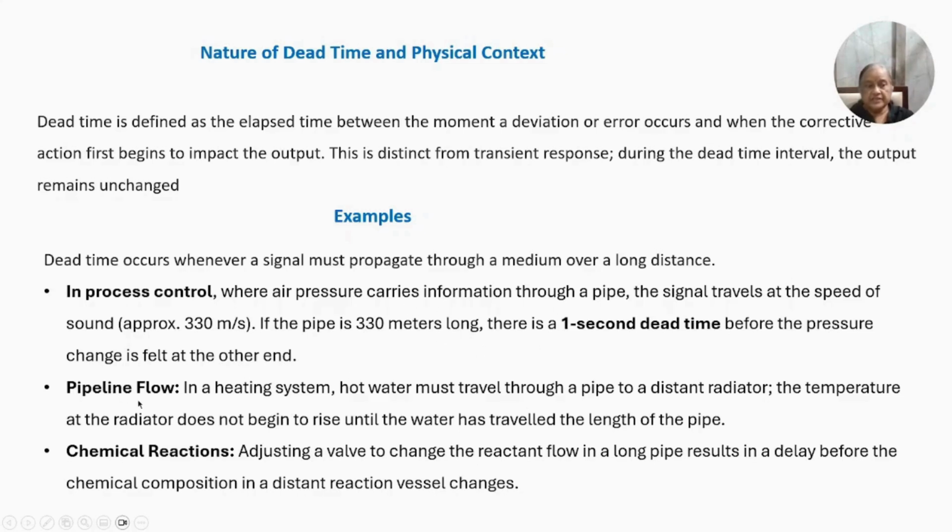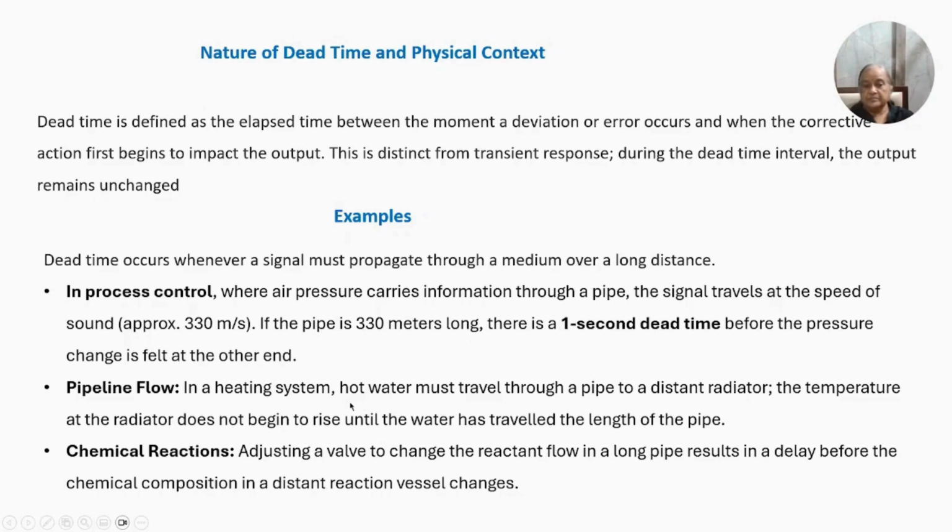Another example is pipeline flow. In a heating system, hot water has to travel through a pipe to a distant radiator. The temperature at the radiator does not begin to rise until the water has traveled this length of pipe.